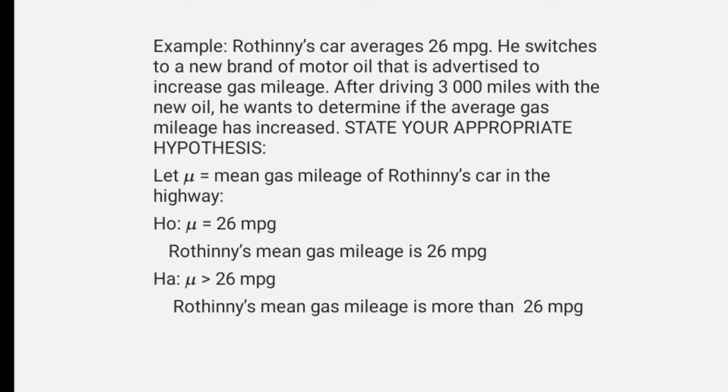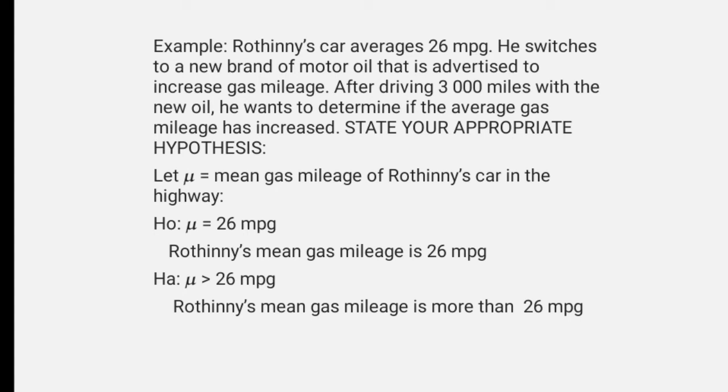Rothen's car averages 26 miles per gallon. He switches to a new brand of motor oil that is advertised to increase gas mileage. After driving 3,000 miles with the new oil, he wants to determine if the average gas mileage has increased.